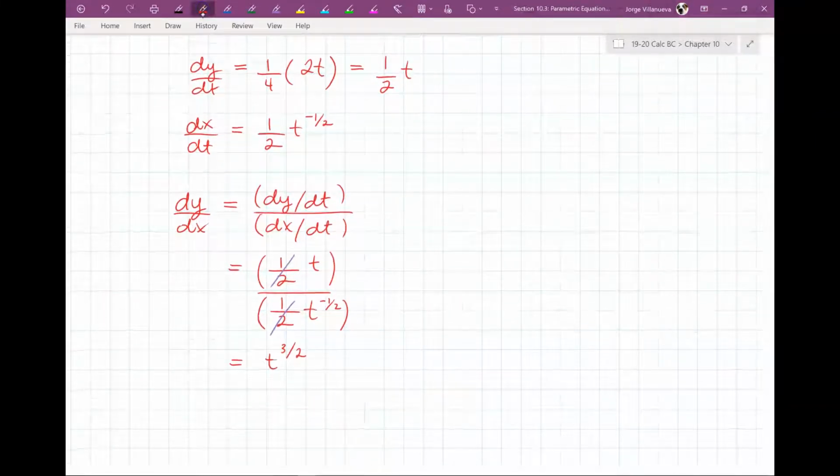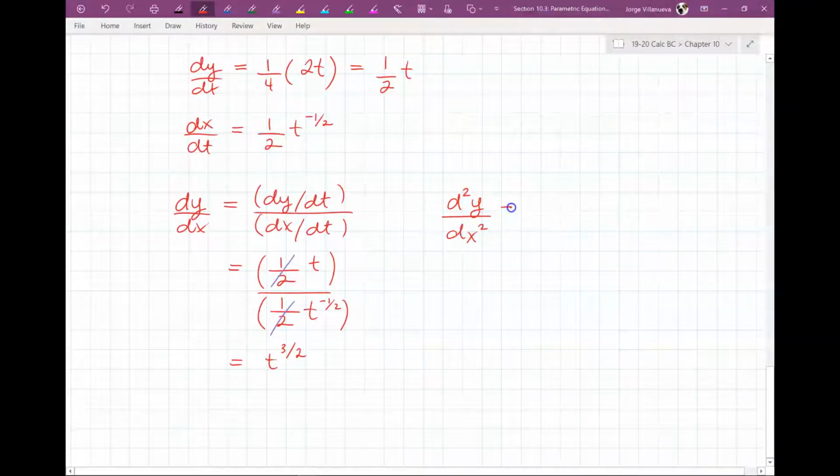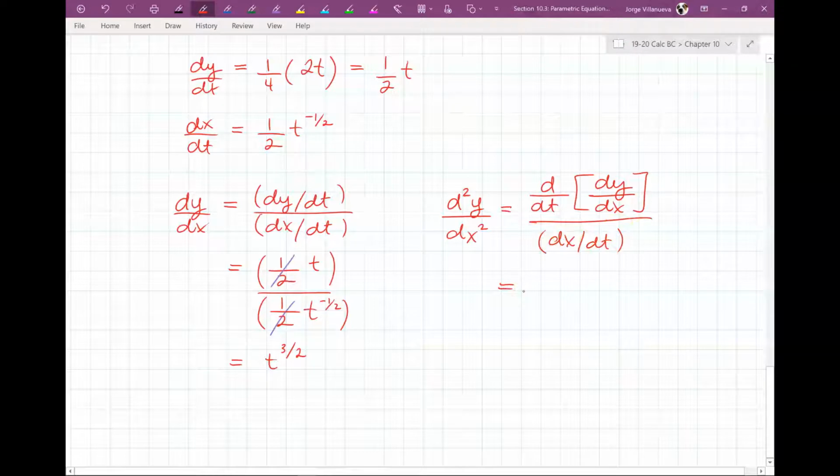Second derivative would be d squared y over dx squared equal to d. I'm just writing down the formula, okay? dy/dx over dx/dt. I always find it good to write down formulas over and over again. That way you memorize without really trying.